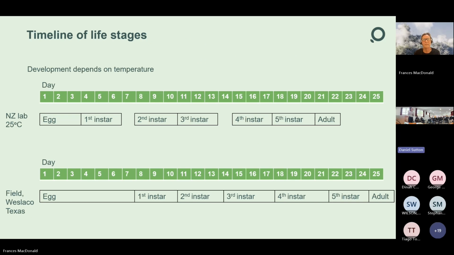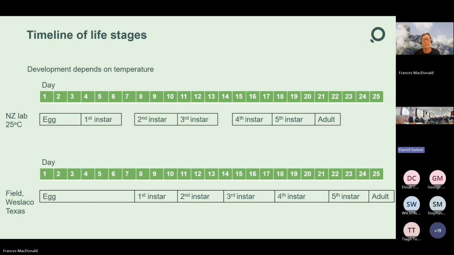You heard Francis talk about degree days, which we normally use for insect development. Very often people do experiments where they put the insects at a certain temperature and see how long it takes to go through the different life stages.